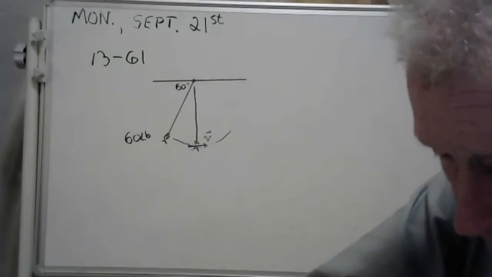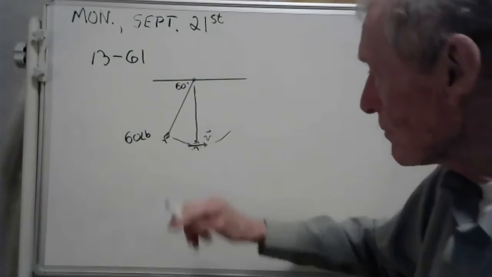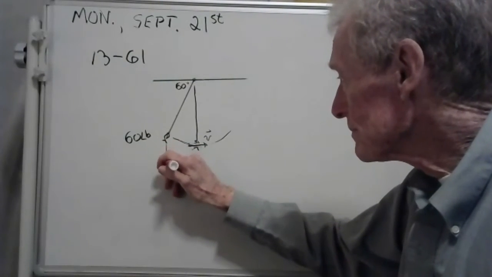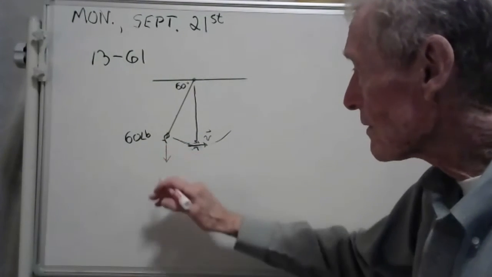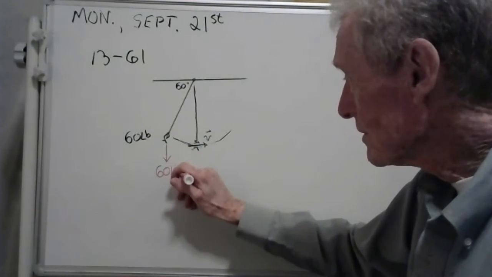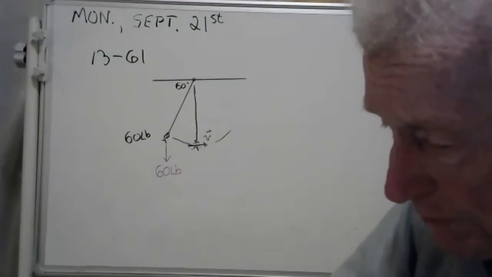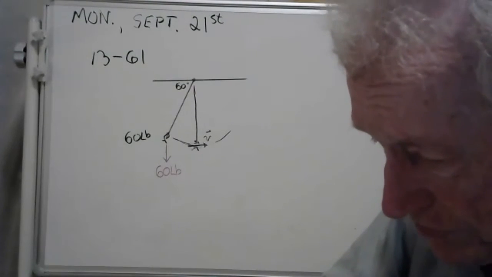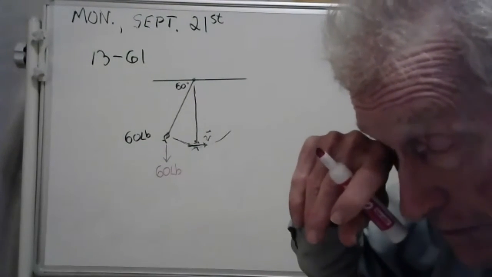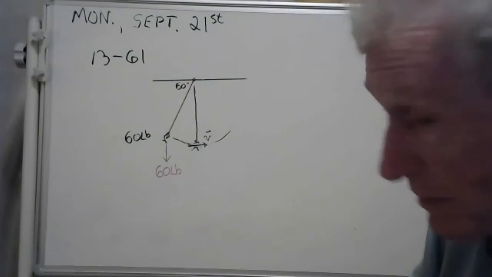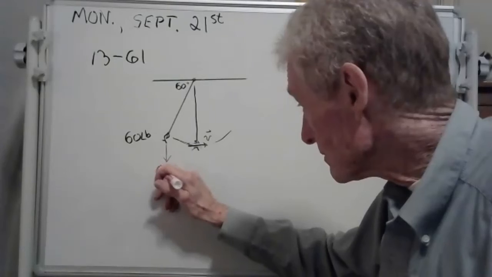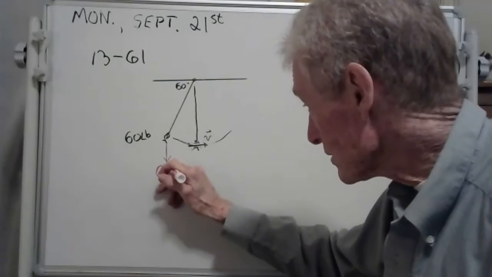In general, wherever he is here, he's going to have an mg. Well, that's 60 pounds. You don't multiply 60 by 9.81 to get his weight. It's already given. It's 60 pounds. Can you read my writing? So we got his weight. It's 60 pounds.